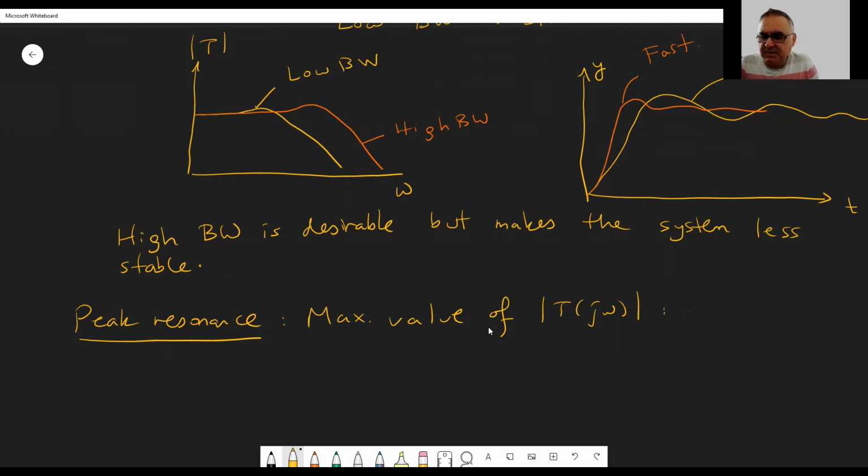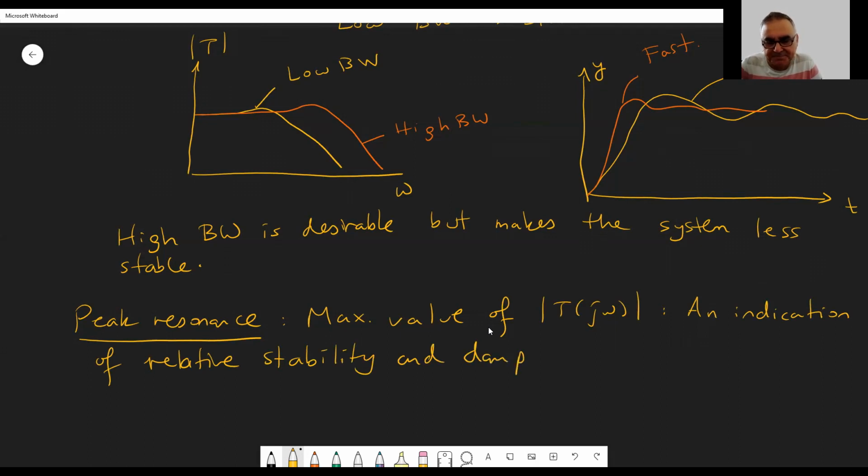And it is an indication of relative stability and damping in the system.